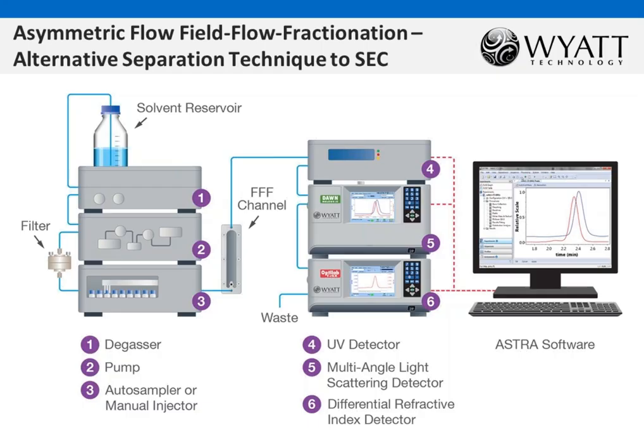Conceptually, the HPLC setup is closely related to SEC, with an FFF separation channel or a hollow fiber replacing the SEC columns. For clarity, the FFF separation module that controls the various flows in the channel is not shown on the schematic of the slide.